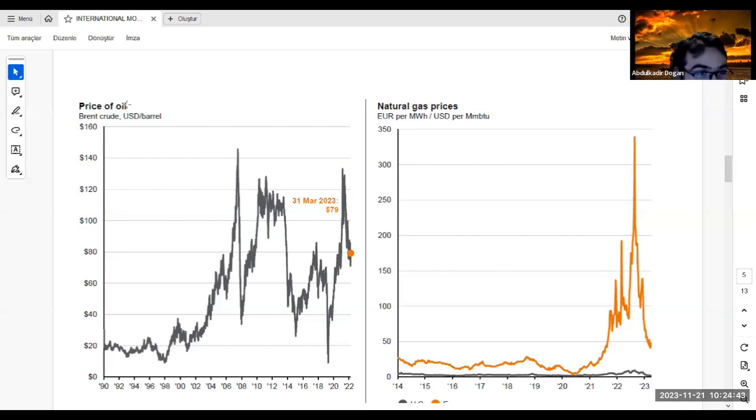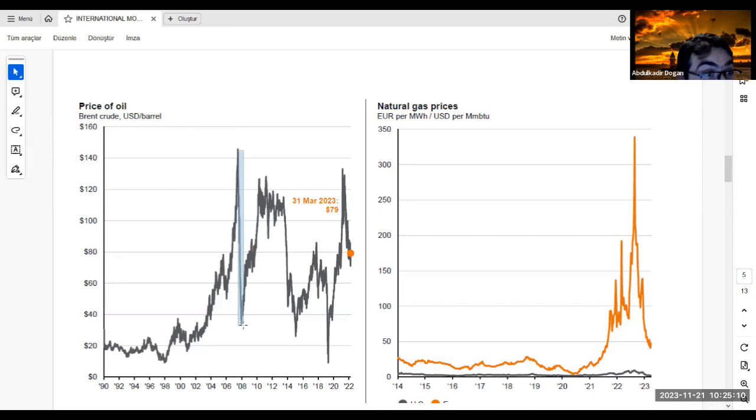And on the left-hand side, which is a really, really important indicator for all of us, prices of oil. This is Brent oil, not West Texas, not the WTI, and the price is in USD per barrel. As you see here, please look at this sharp decrease.